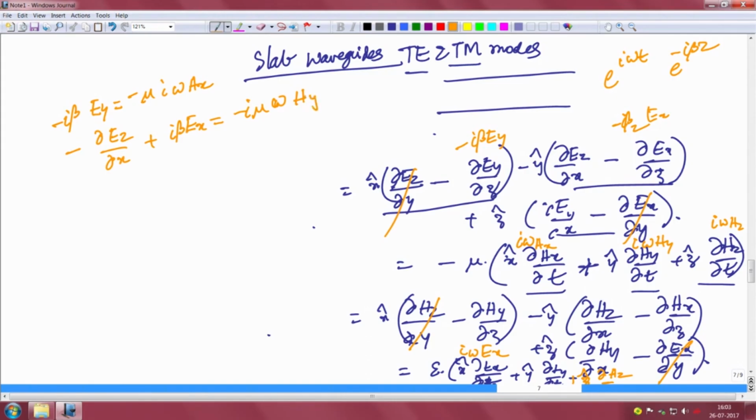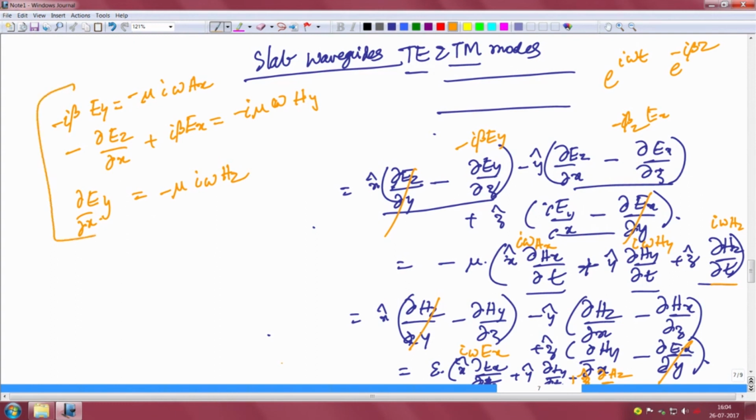This is another equation, and for the other one, dEy by dx, the z component, should be equal to minus mu I omega Hz. These are the three equations that we get from the first set of equations.